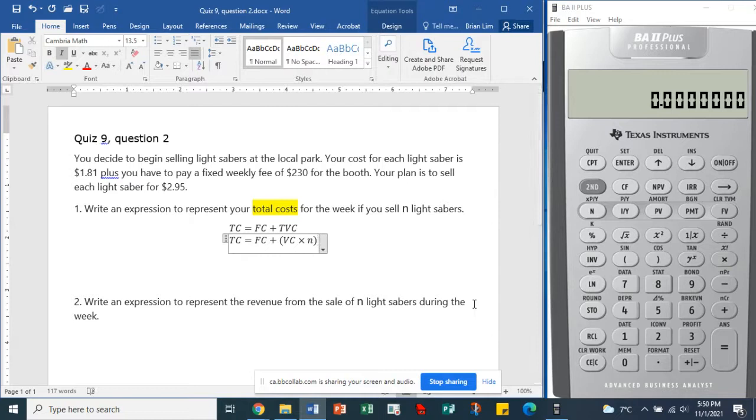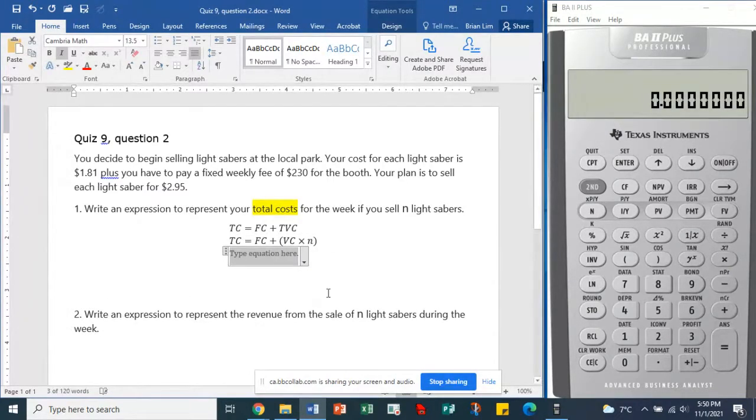All right, so where do we find the numbers? Well, the numbers are already in the question. So the total cost would be equal to, the fixed cost is where? Yeah, fixed weekly fee of $230. So the fixed cost is 230, and the variable cost is how much? Well, it's this 1.81 here.